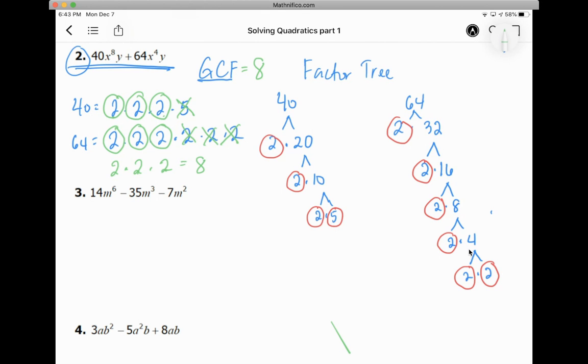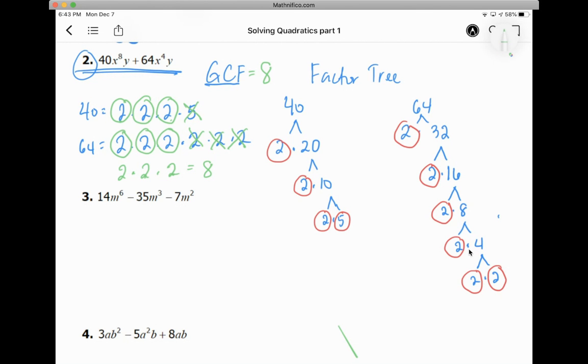So let's solve problem number 2. 40 x to the 8 y plus 64 x to the fourth y.